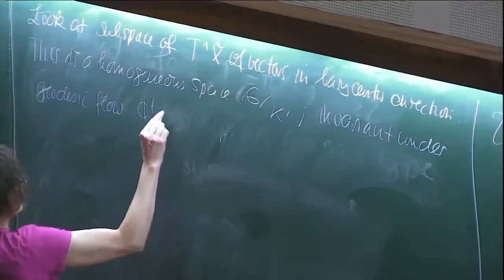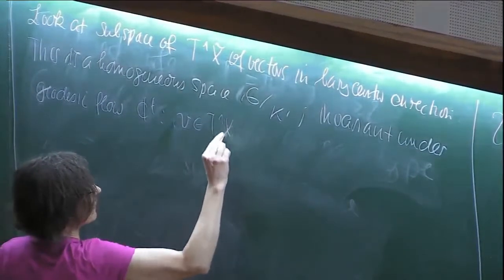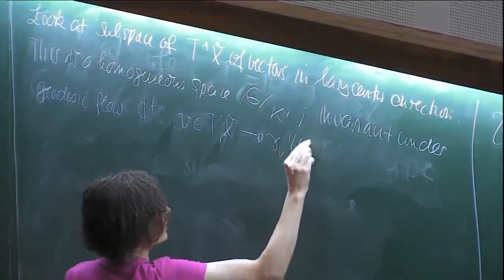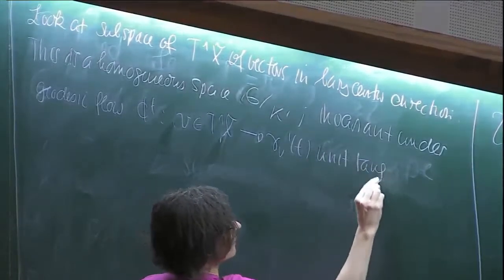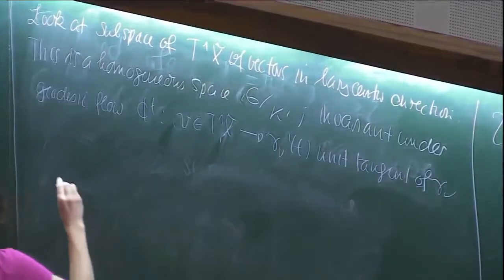Phi t is a flow which maps a unit tangent vector in X twiddle to gamma v prime of t. So this is a unit tangent of the geodesic direction v at time t.